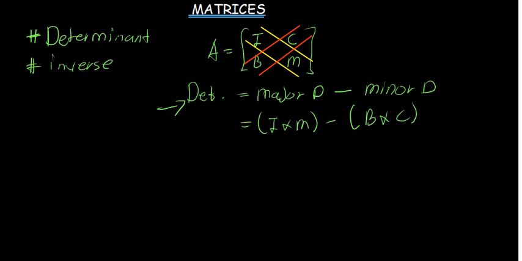Alright, so now what about the inverse? Let's say I want to find the inverse of that matrix. It's denoted by that. When it comes to the inverse of a given matrix, there are some changes that come into place in terms of the arrangement of the members of that matrix.